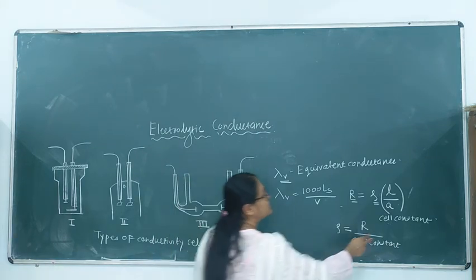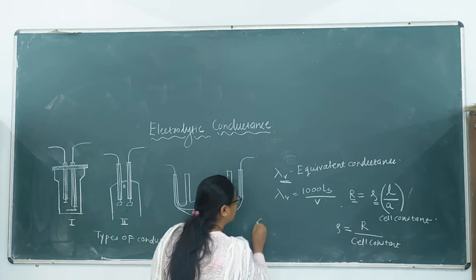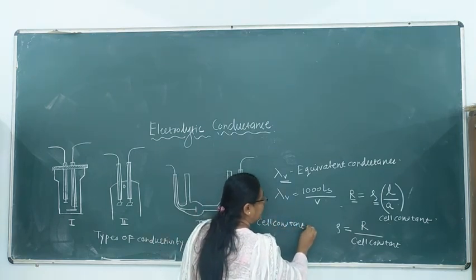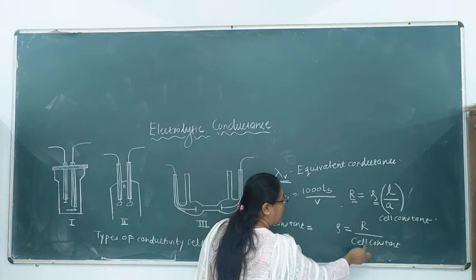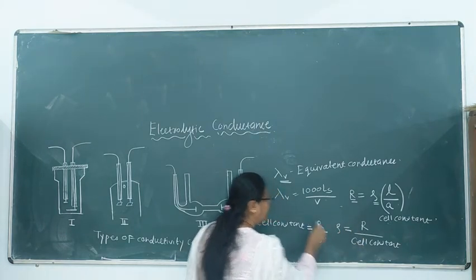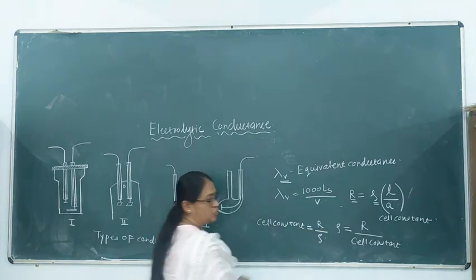So the cell constant cannot be measured directly. So to calculate cell constant, rho is equal to R divided by cell constant, therefore cell constant is equal to R divided by rho. So cell constant can be measured by taking this ratio.